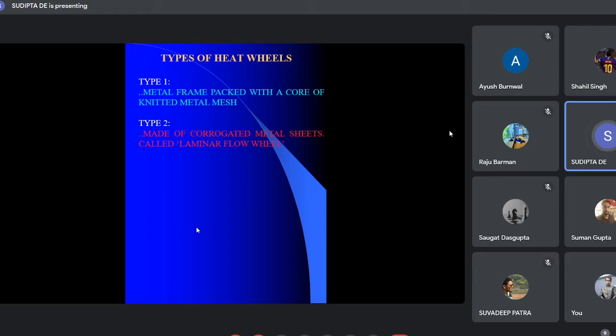The question is, if we put two such corrugated plates one above another, keeping some gap between these two, automatically there will be a laminar flow, because you don't have any possibility of very high velocity flow through this, because the resistance will be pretty high.